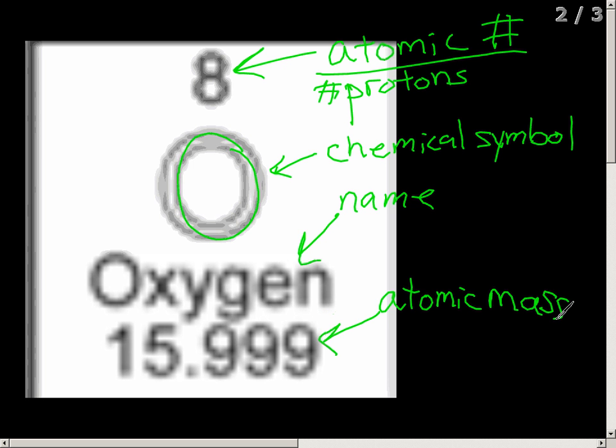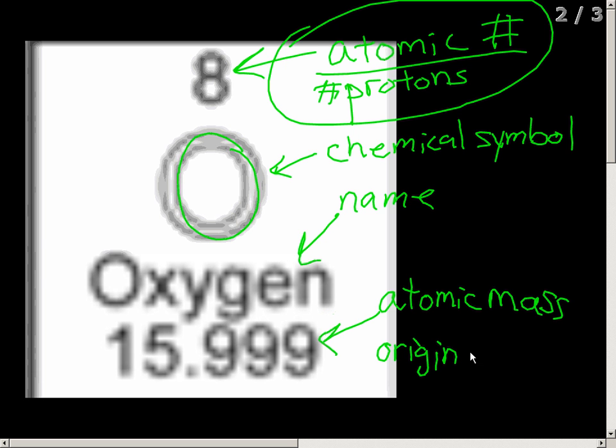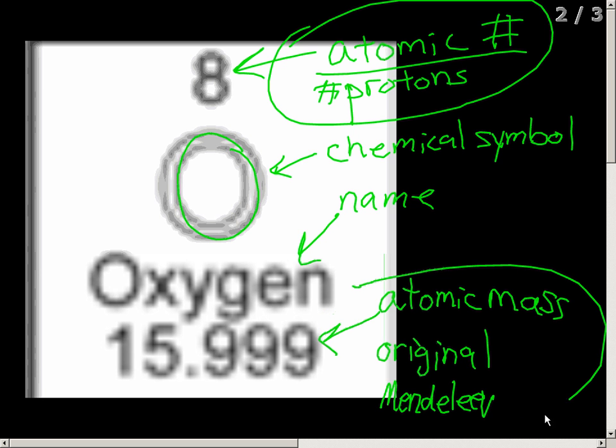Remember, the periodic table is organized based on the atomic number, the one that we use. The original table was organized by a man named Mendeleev, and he based it on the atomic mass. But it wasn't a very effective table.